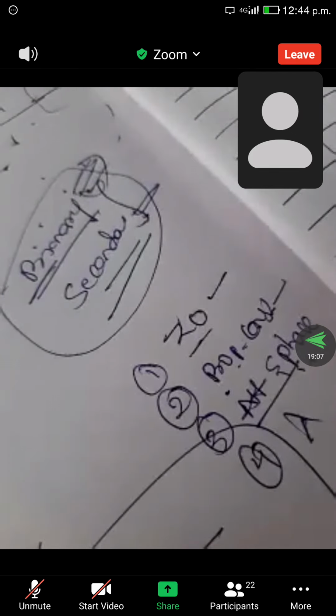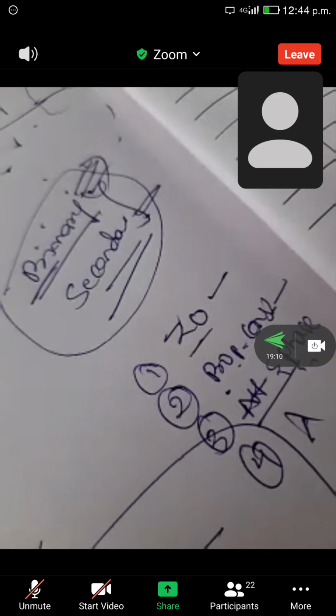Z0, characteristic impedance. Second one is the propagation constant. Third one is the attenuation and phase constant. Fourth one is the wavelength. Okay. So about all eight, tomorrow I will explain.